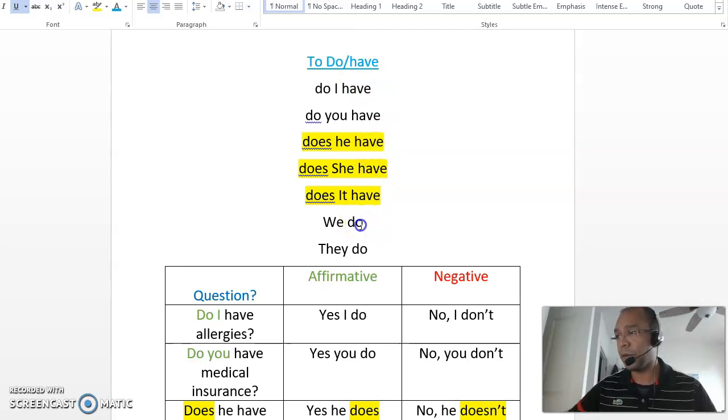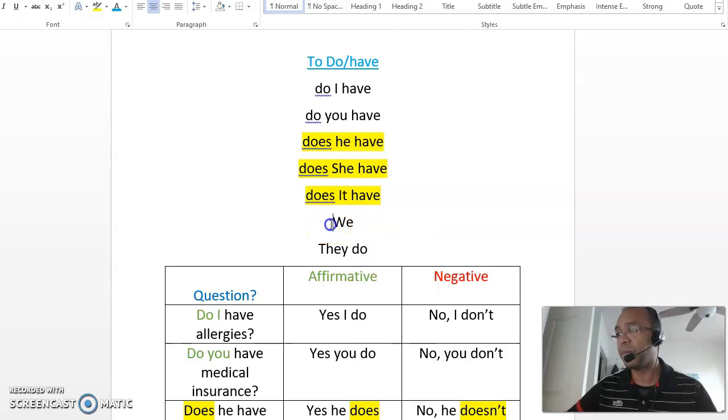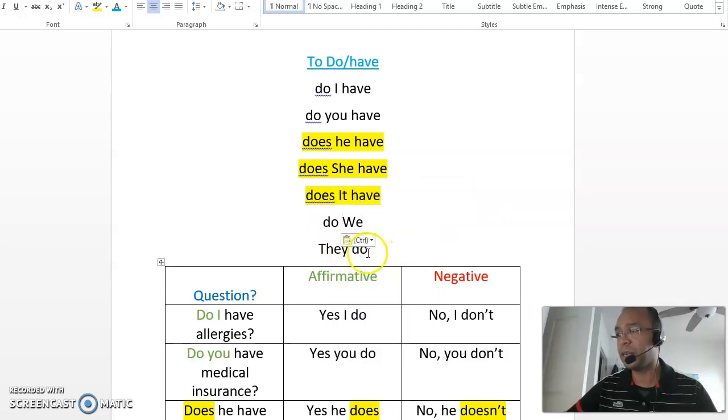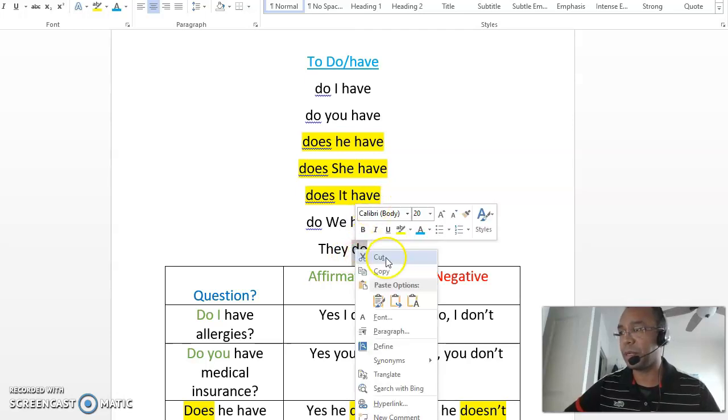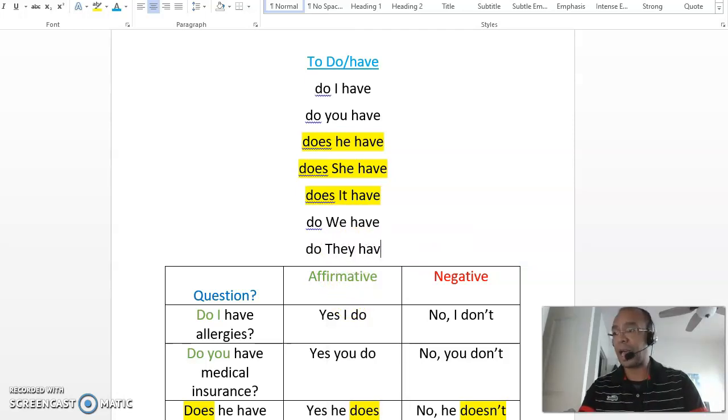The same thing with we. We bring the do first, okay, and you put have. Do we have, when we're formulating a question? Same thing here. You put the do here in front. Do they have?